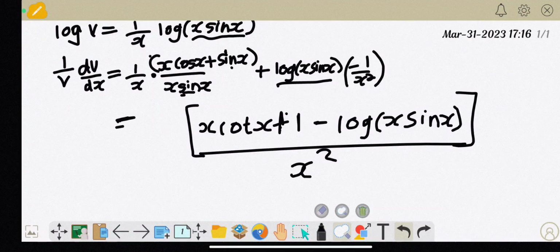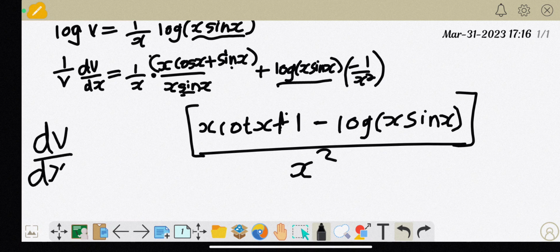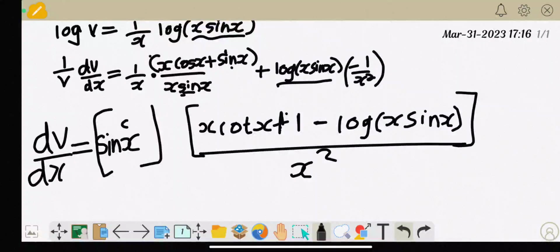Now this is equal to, so now v is there, right? That will be sent to the right hand side. So here in the place of v, what you have to write? V is sin x to the power cos x, right? Sin x to the power cos x. So this is our dv by dx.